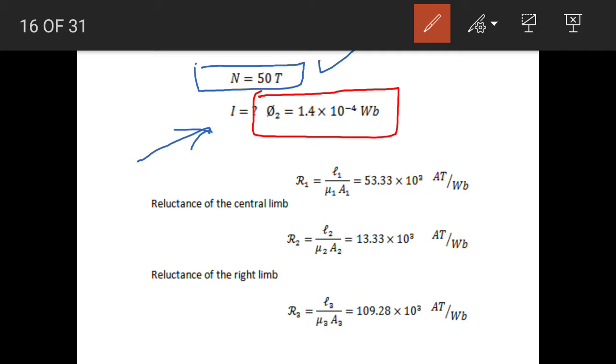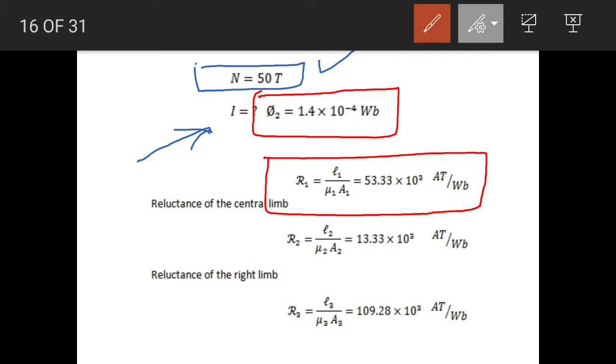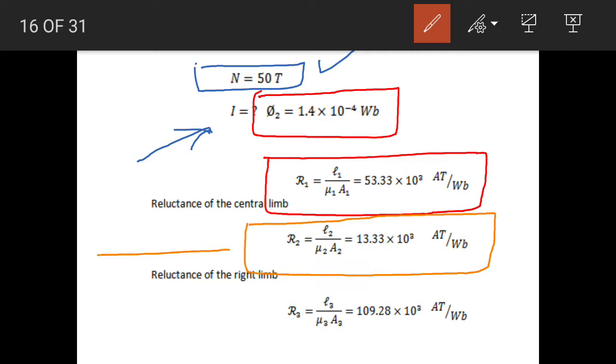So what we do, we calculate the reluctance of the first material with the help of this equation. If we put the values on the right hand side of R1, we obtain the reluctance of the left limb, that is 53.33 into 10 raised to power 3 ampere turns per Weber. We calculate the reluctance of the central limb with the help of this equation.